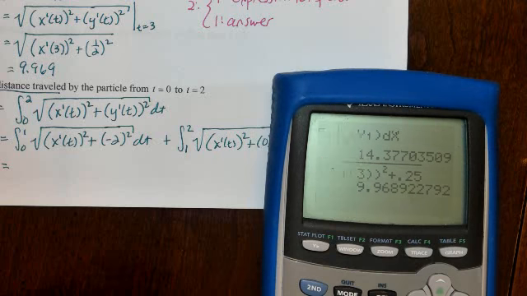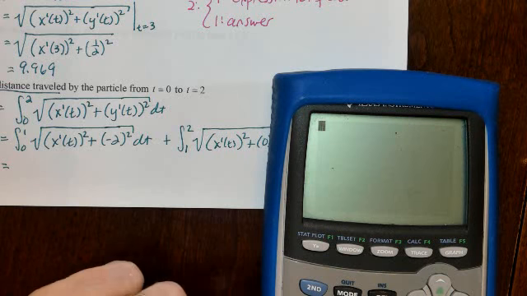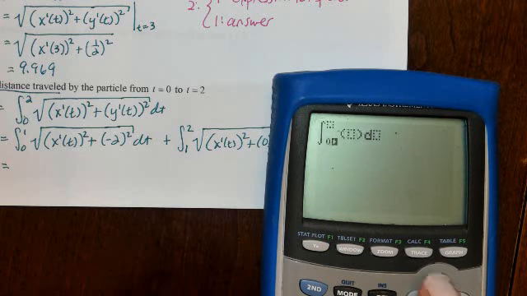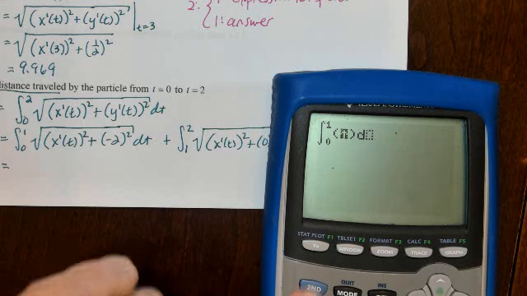Okay, so we've got Math 9, 0 to 1, square root.